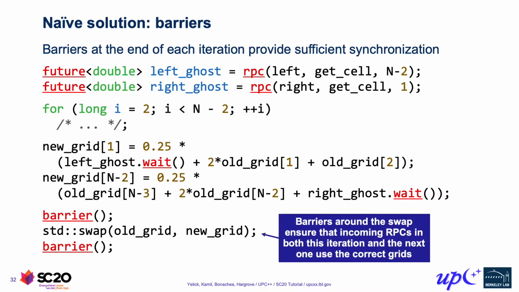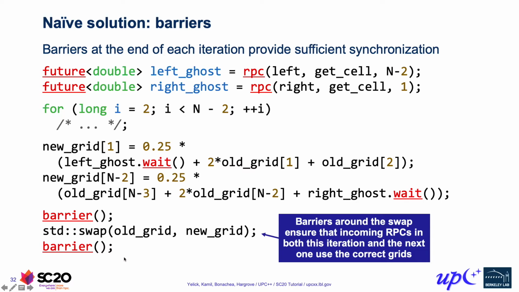So we want to ensure that we have the appropriate synchronization to prevent this. The simple fix, similar to what we saw in exercise 1, is to introduce barriers. Here we're introducing two barriers around the swap. One to ensure that the RPCs from the current iteration are finished before we do the swap, and the second to ensure that we do the swap before the RPCs for the next iteration.